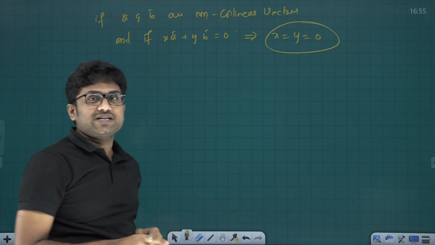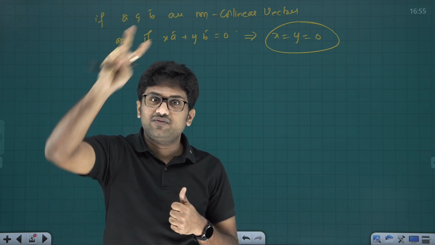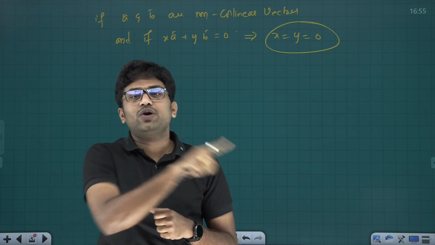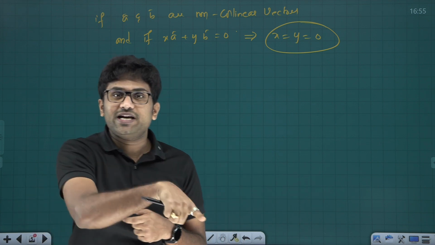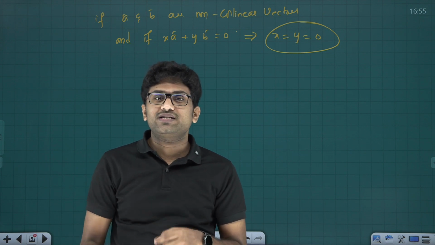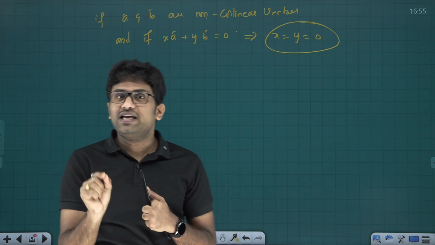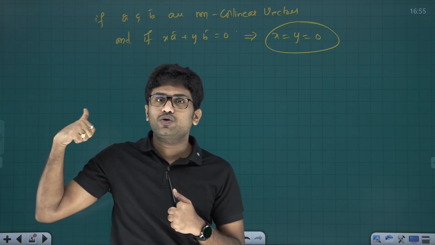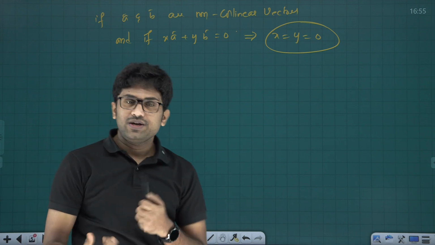You can't express one vector as a scalar times the other vector if the given two vectors are not collinear. If they are collinear, only then you can express. If they are not collinear, then you can't express. Still, if you can express, that happens only in one case, when the scalars are 0. When the two scalars are 0, then only we can express the given two non-collinear vectors as x into A bar plus y into B bar is equal to 0.